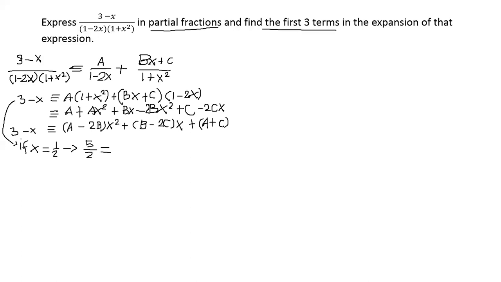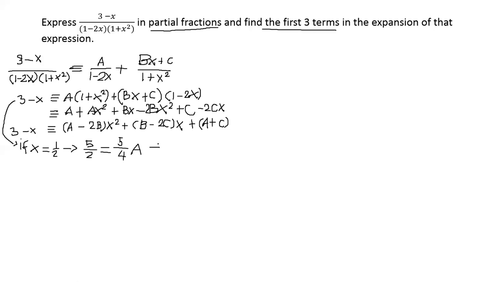But for this term, 1 plus a half squared, it means 1 plus a quarter, it means 5 quarters, times a. This one, okay, 5 quarters a.